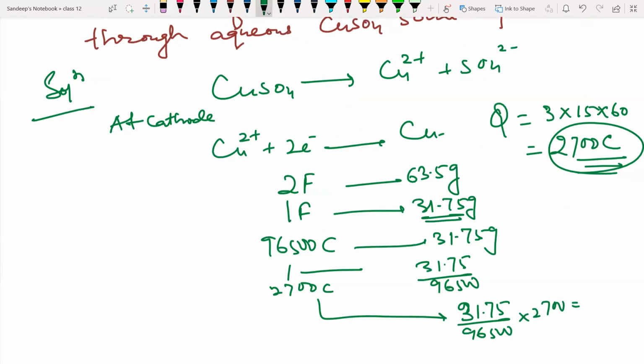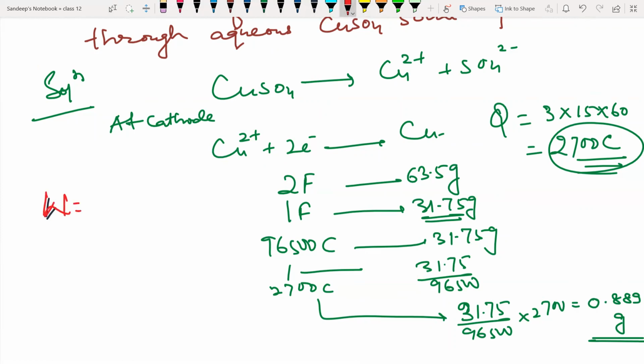If you solve this, you will get 0.889 grams. This is the amount of copper deposited when 3 ampere of current is passed through copper sulfate solution for 15 minutes. Keep also in mind, students, that you can use the shortcut method also.